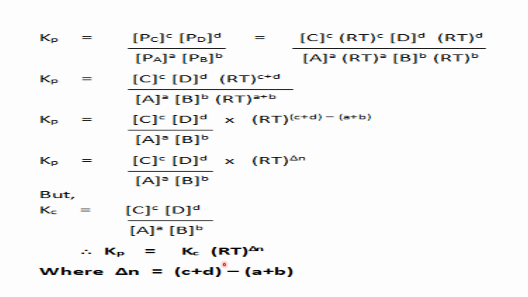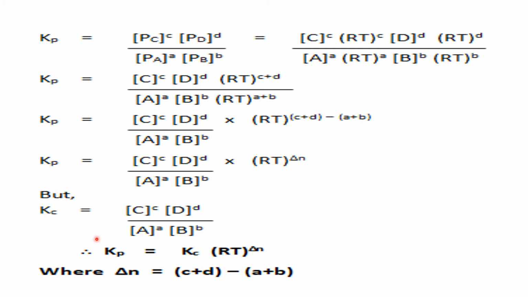What is delta n? Delta n is the number of moles of the products minus the number of moles of the reactants, or the difference between the number of moles of the products and the number of moles of reactants. Hence, we arrived at the equation Kp is equal to Kc into RT raised to delta n. Very important.